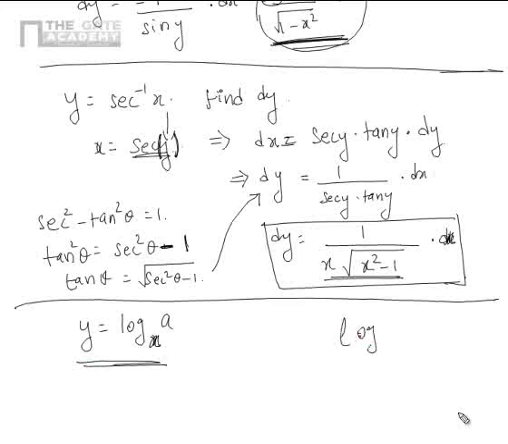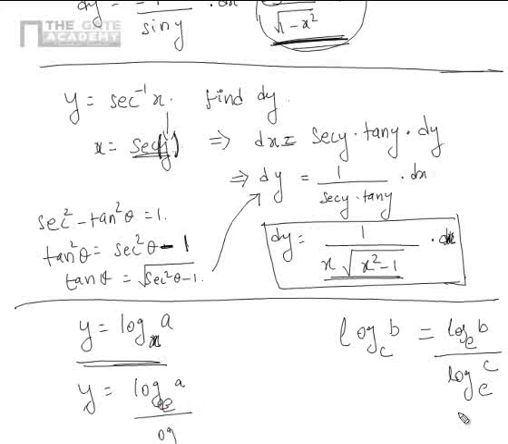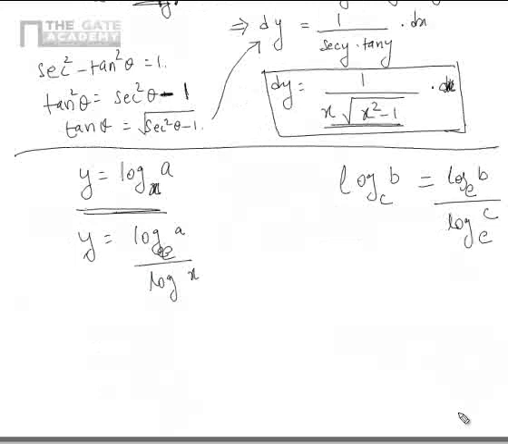If I have log b to the base c, this is nothing but log b to the base e divided by log c to the base e, correct? Going in the same sense, I can convert y as log a to the base e divided by log x to the base e.